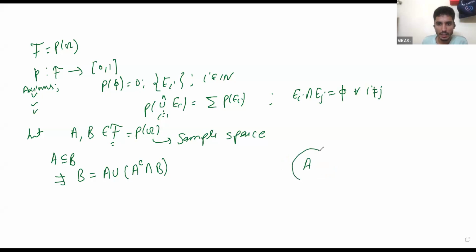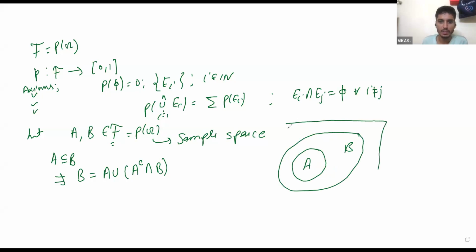If this is A and this is B, A is a subset of B, and this is the whole probability space. Then B is A union (A complement intersection B), and you can see that these two sets are disjoint.